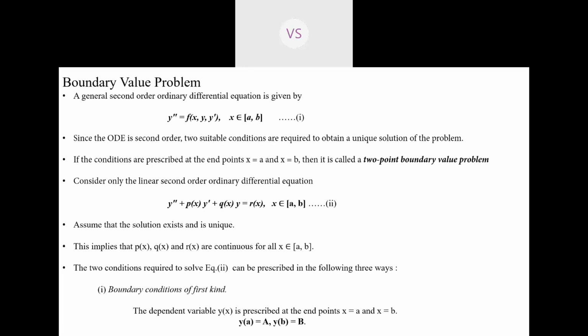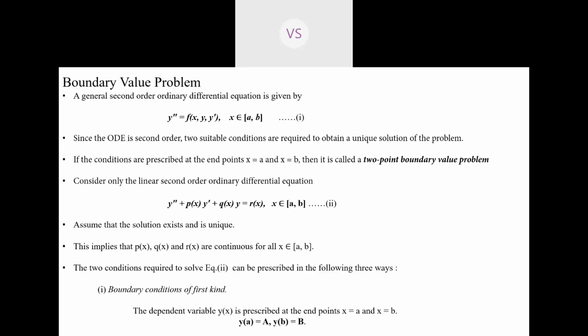Now a general second order differential equation is given by y double dash is equal to a function of x, y and y dash. Since this is an ordinary differential equation, when it is of first order we require one condition, when it is of second order we require two conditions.